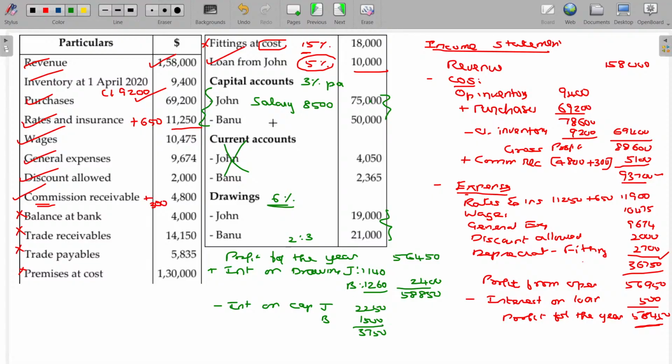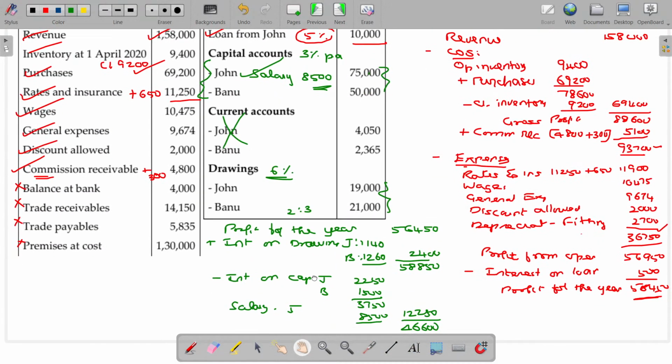That is 3,750. Salary payable to John, 8,500. The total value being 12,250. If I subtract, 46,600 will be the final value.